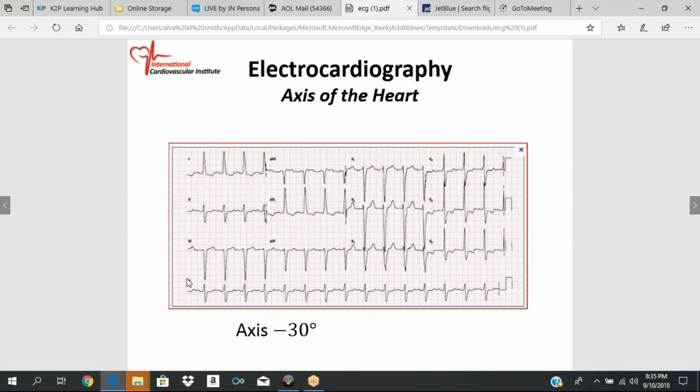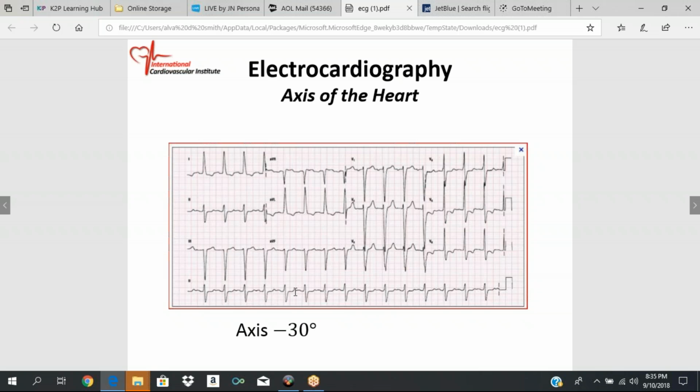This is what we call a rhythm strip. We just take out lead 2 and let it run. You can see P wave, QRS, T wave, repeating.